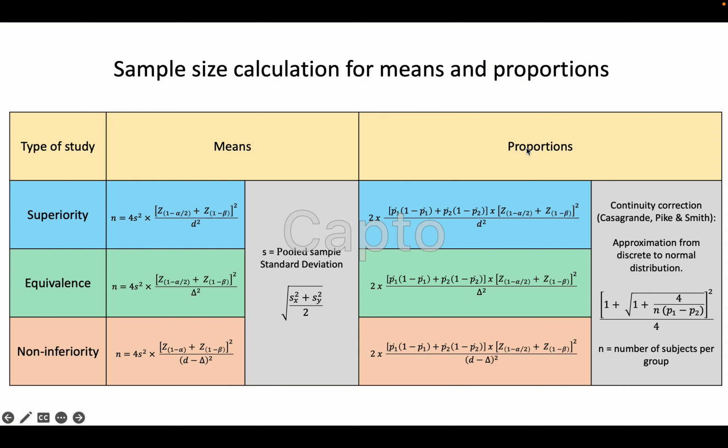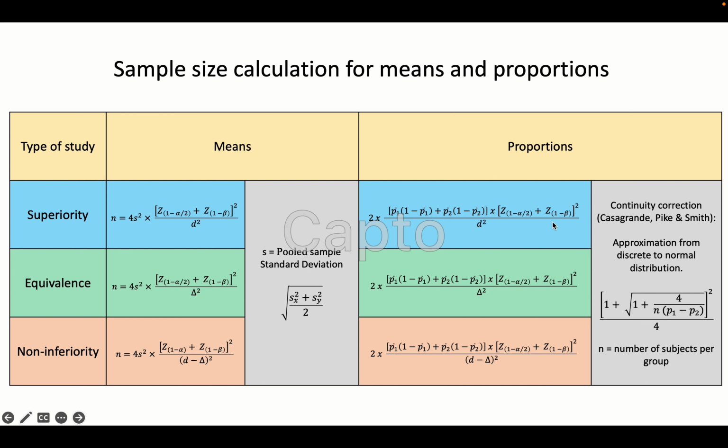And then when you are calculating proportions, especially with any statistical software, you will see that the actual calculation is slightly different from this equation. The reason is that the software is applying something called continuity correction. This is nothing else than acknowledging that the calculation of the sample size comes from an approximation to the normal distribution.